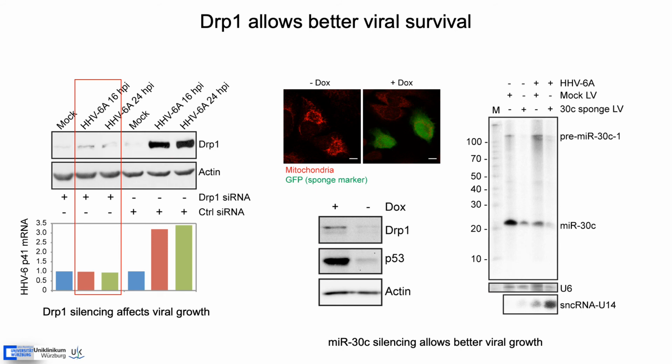It was a processing defect of microRNA 30c, as pre-microRNA 30c accumulated in the cells while mature microRNA went down. Sponge carrying cells increased the negative effect of microRNA 30c and allowed better viral survival, which was measured by analyzing one of the viral small non-coding RNAs, U14.